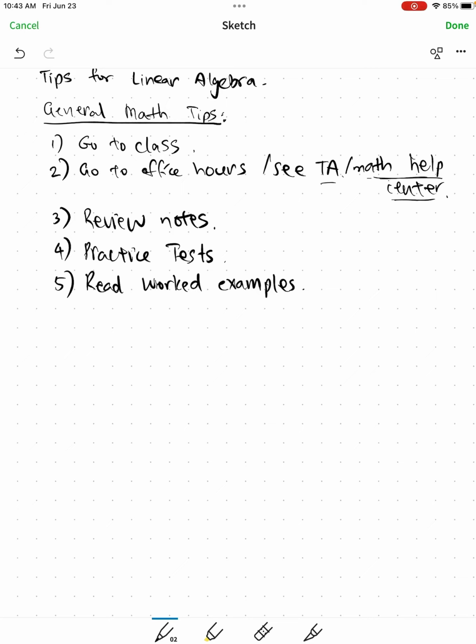You could say, hey, I'm trying to understand this example in the book. I have a question about it. Can you explain? That's a really good question, especially since textbooks, for the purpose of keeping the explanation streamlined, often skip some steps. So those are general math tips. Okay, now let's talk about the linear algebra specific advice.